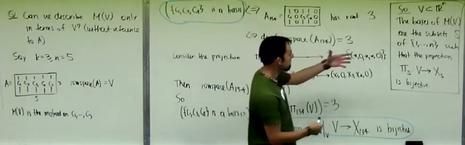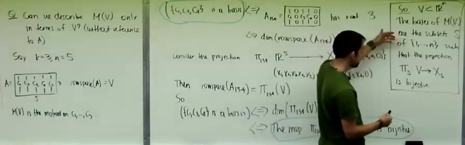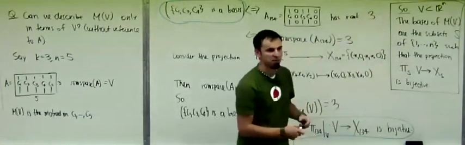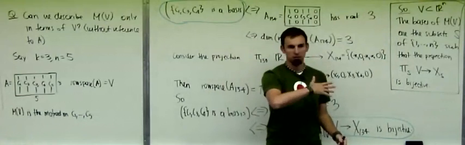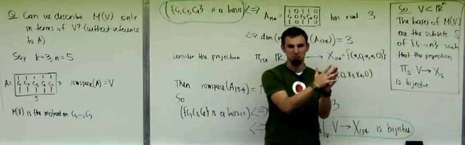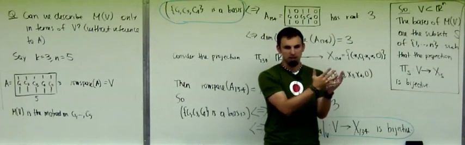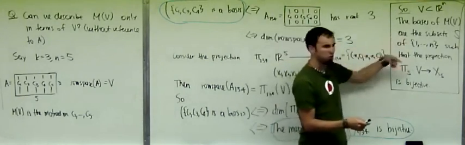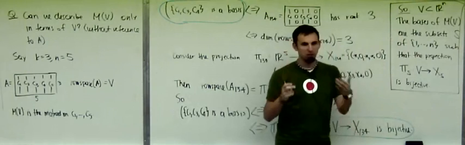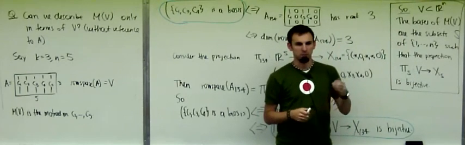When do you have the uniform matroid in this situation? If you pick just some random k-dimensional subspace in Rn, then chances are that all of these different projections are going to be bijective.